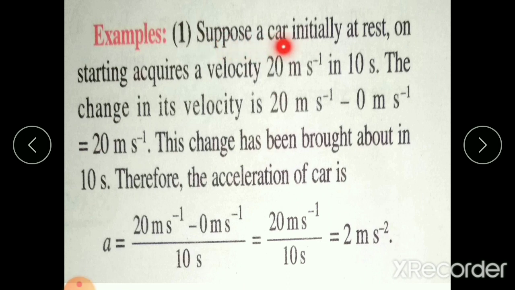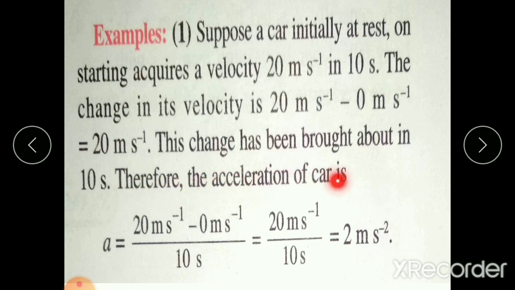First one, suppose a car initially at rest, that is u is 0, acquires a velocity of 20 meter per second in 10 seconds. Thus, the change in its velocity is final velocity minus initial velocity, that is 20 minus 0, which is 20 meter per second. This change has been brought about in 10 seconds.